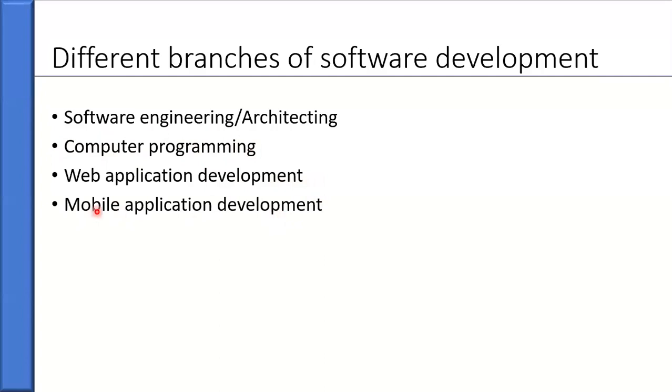And the other one is mobile application development. This is another branch of software development. Mobile application development is mainly optimized for mobile devices, mainly focused on location aware applications. What's the meaning of a location aware application? It means your software should run without a specific location, so you do not have to sit in one place and work with your software.